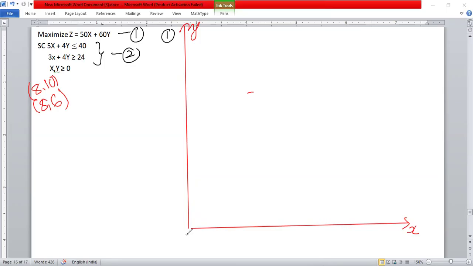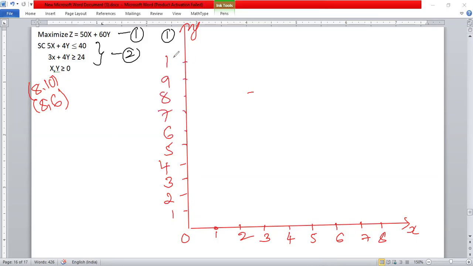X-axis highest is 8. So 0, 1, 2, 3, 4, 5, 6, 7, 8. So y-axis, highest is 10: 1, 2, 3, 4, 5, 6, 7, 8, 9, 10. Let me start first one. So 8 comma 10. So 8 is here, 10 is here, 8 comma 10.